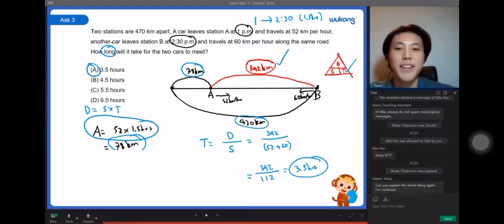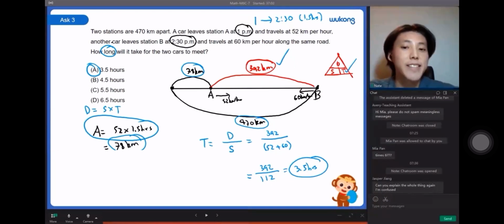So, the distance between the two stations is 470 kilometers. Car A left the station at 1 p.m. and is traveling at 52 kilometers per hour. Another car, let's say from station B, started his journey at 2:30 p.m. and is traveling at 60 kilometers per hour. How long would it take for the two cars to meet? So, A's been traveling since he left.